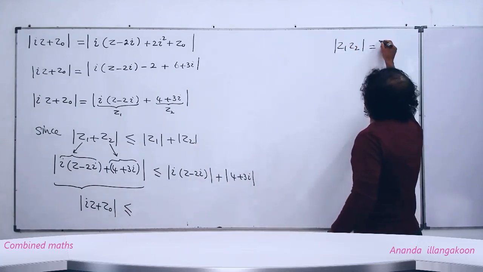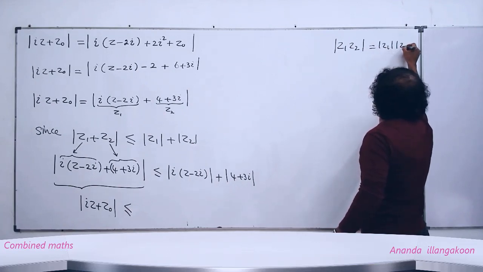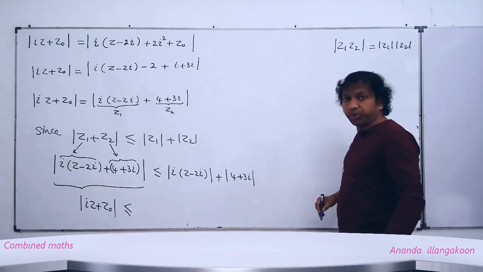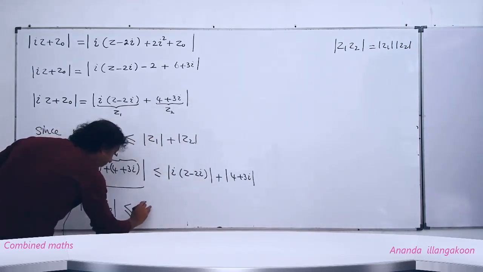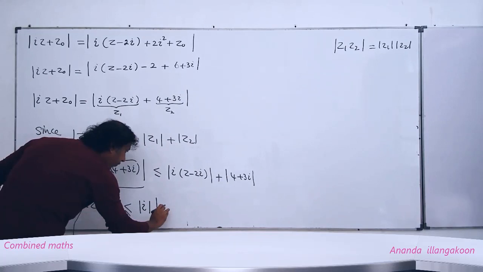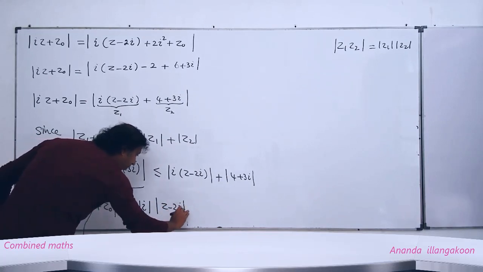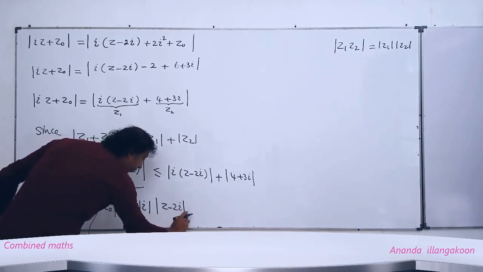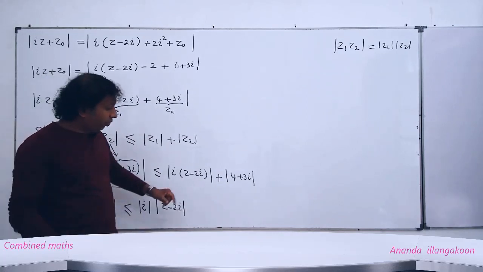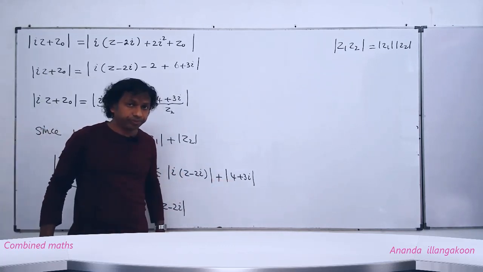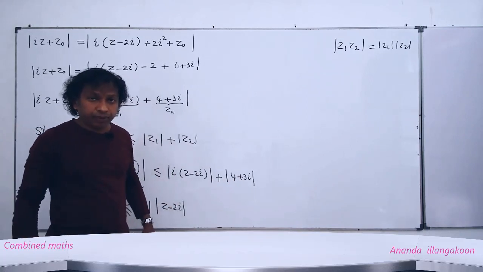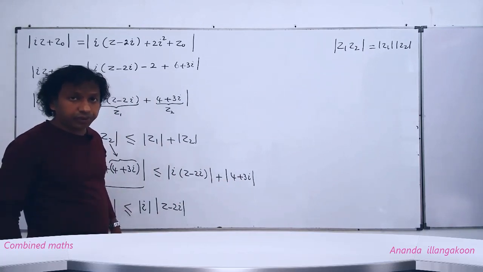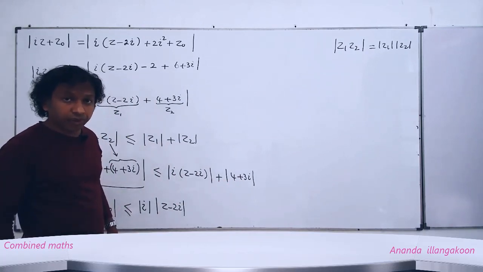We have proved this one as mod z1 times mod z2. So I can apply that modulus for this i separately and modulus of this z minus 2i separately. And you know what the modulus of 4 plus 3i is? Modulus of a complex number is the square root of real part squared plus imaginary part squared. The square root of 4 squared plus 3 squared is 5.